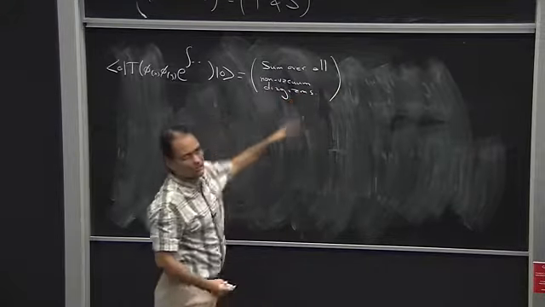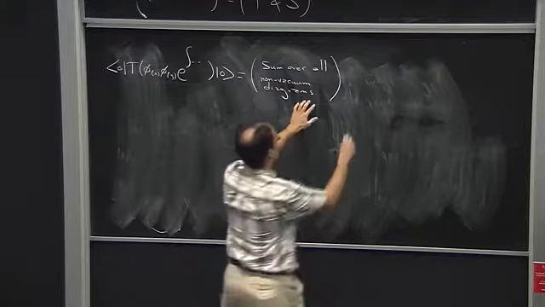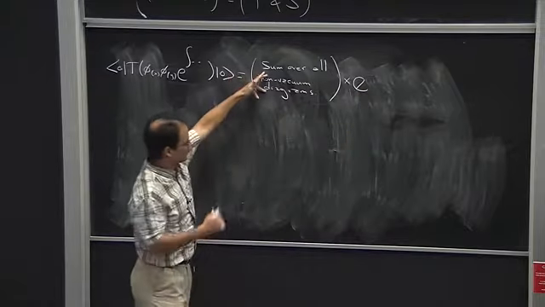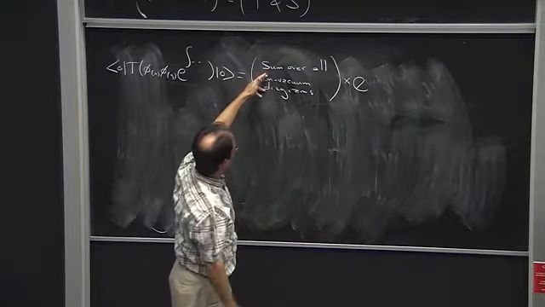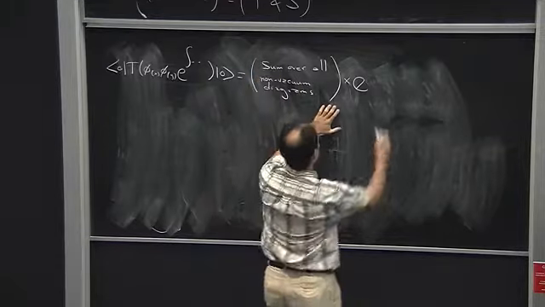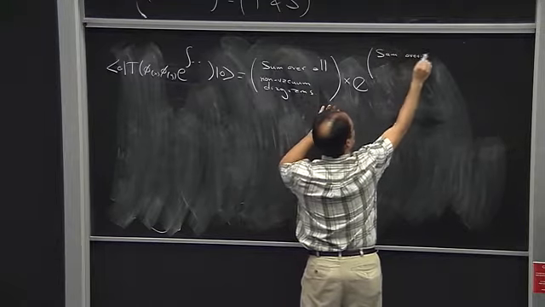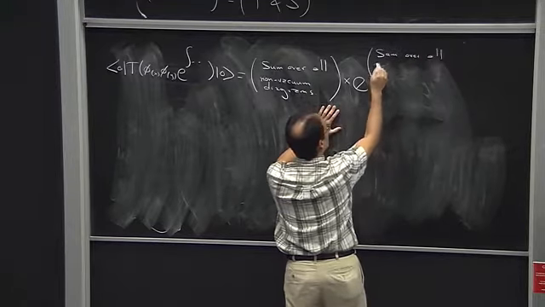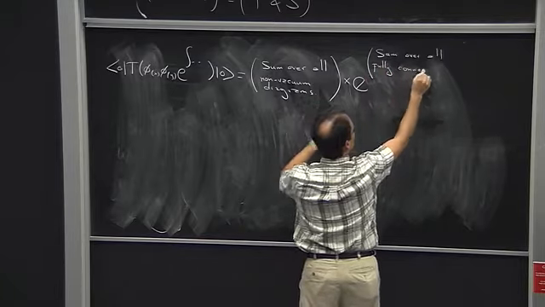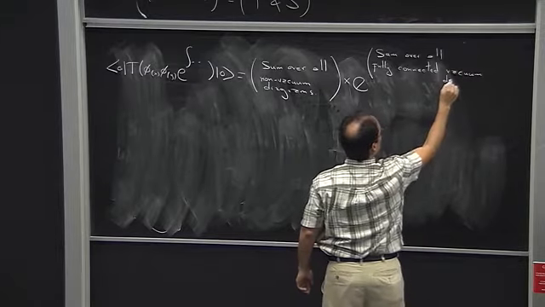Sometimes people call these ones connected, but they mean connected to external points. But I don't want to call them connected because later this week there will be diagrams that have the same name, so it will be confusing. Times the exponential of the sum over all fully connected vacuum diagrams.